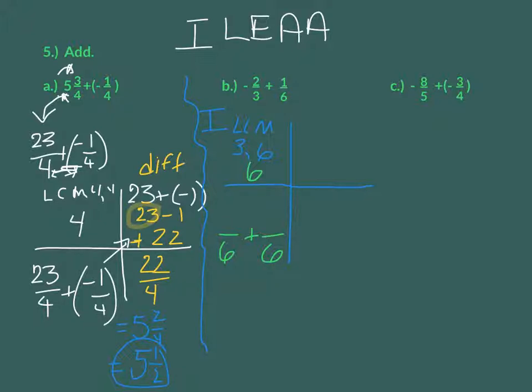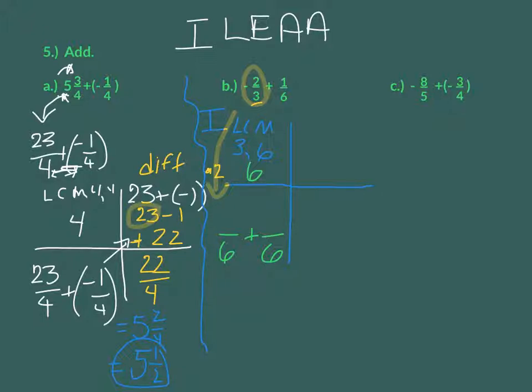The one I need to look most closely at is this one right here. I say to myself, how do I get from 3 to 6? I do that by multiplying times 2. 3 times 2 does give me 6.